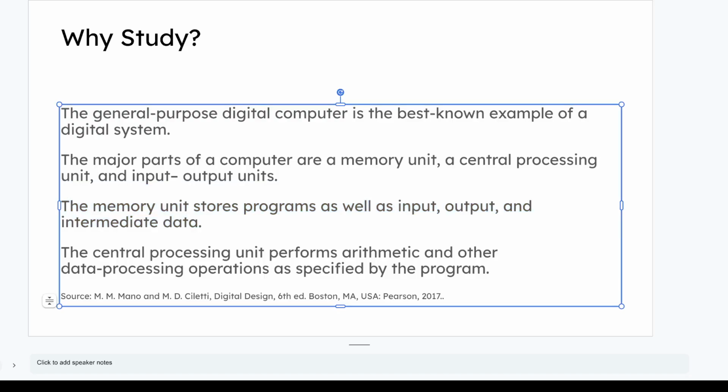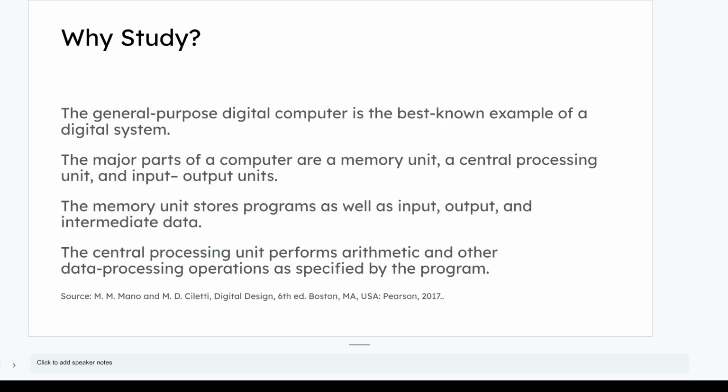Now if you consider the central processing unit, it performs the arithmetic and data processing operations. The arithmetic operations can be addition, subtraction, multiplication, division, right? For adding we need the half adder circuit, then full adders, carry look ahead adders, subtractor circuits, multiplier circuits and so on. And for performing floating point operations we need floating point units as well, right?